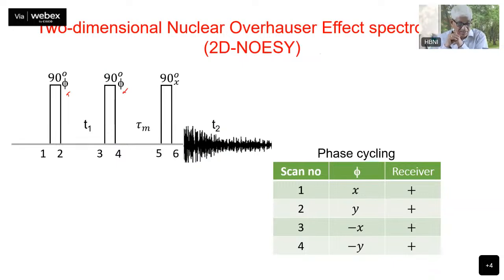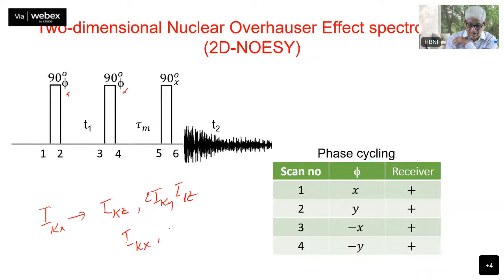If you remember, after the t1 evolution period, starting from IKZ, we had the terms IKX going to IKZ and IKY, ILZ, and IKX, and IKZ, ILX, kind of a thing. And we eliminated this. We said we will not use this. The IKY, ILX, I've written a short form there.